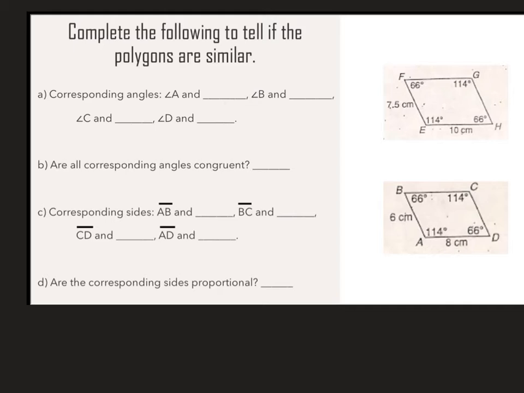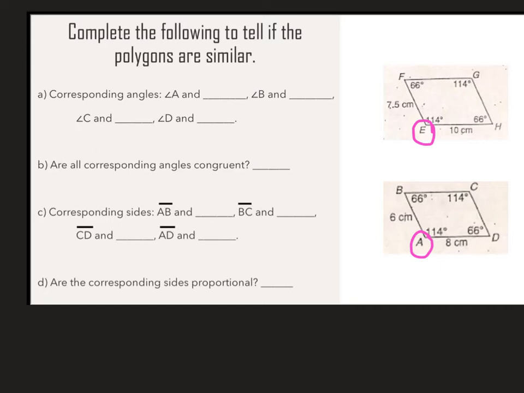So we're actually going to practice some of this with a few of these images. If you see on the right hand side, we have our 2 shapes, our 2 polygons. We have to figure out first, letter A says figure out our corresponding angles. So it's asking angle A and what angle on your other polygon is corresponding. I can see here is letter A right here, well, that corresponds to letter E on that first polygon.